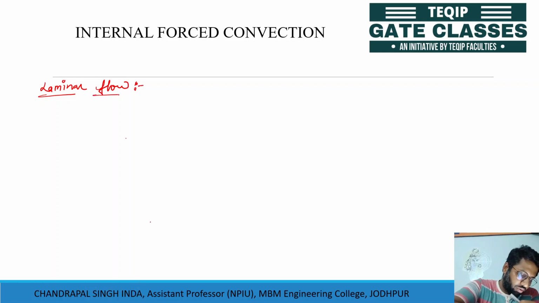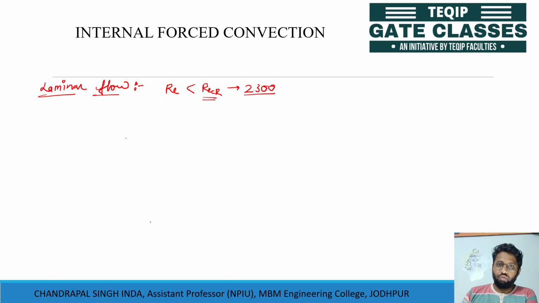For internal flow, the value of Reynolds number will be lesser than the critical Reynolds number, which is equal to 2300 in case of internal flow. So here we have two conditions.